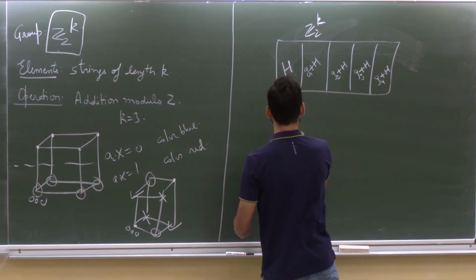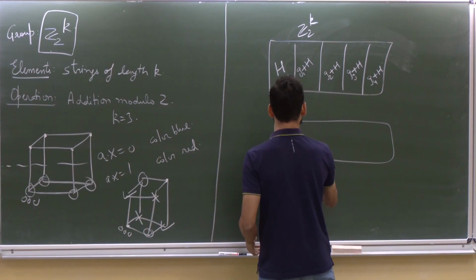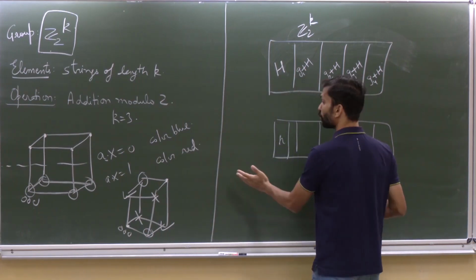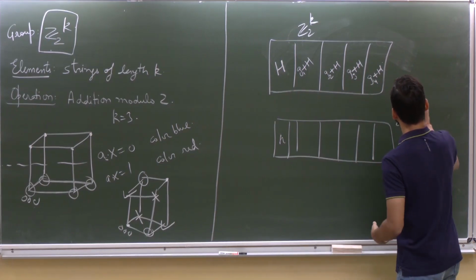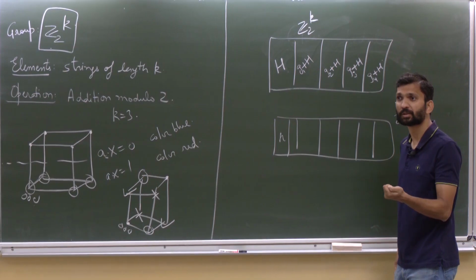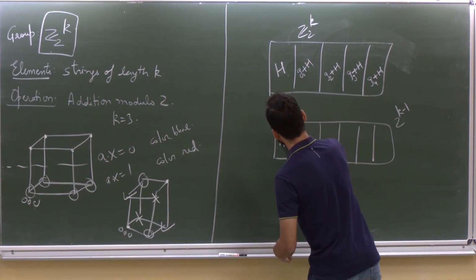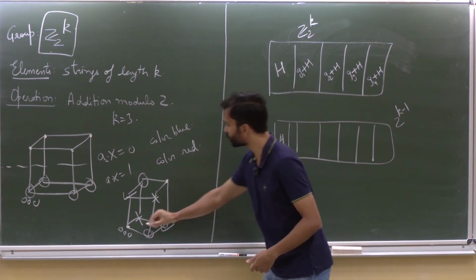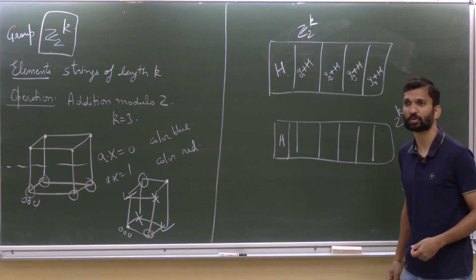In case of Simon, there are going to be a lot of cosets, right? How many cosets? 2 to the power k minus 1. Every coset corresponds to a color class. And this is the subgroup which corresponds to the color of 0, 0, 0, right?